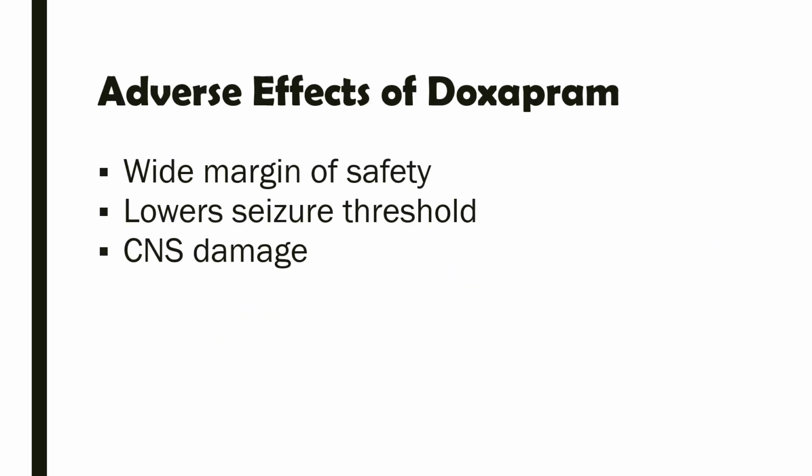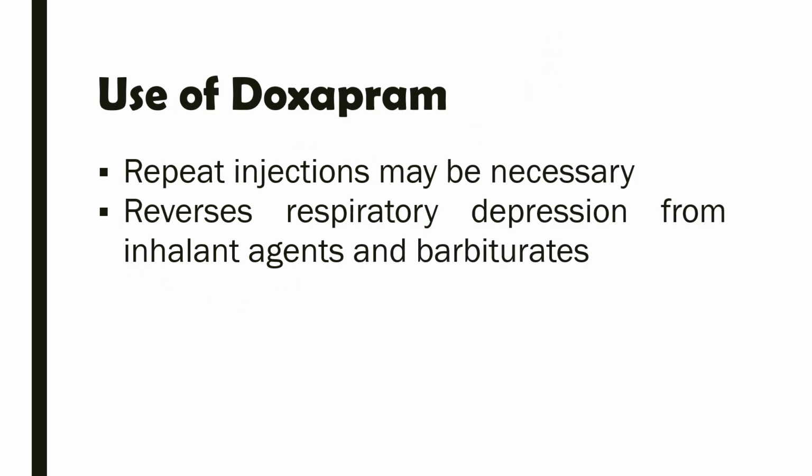As for the adverse effects of doxapram, it has a wide margin of safety, lowers the seizure threshold for patients, and it may also cause CNS damage. Repeat injections may be necessary, so if the initial doxapram dose doesn't work, we can give another dose of the drug, this time under the tongue, because the drug has a wide margin of safety.